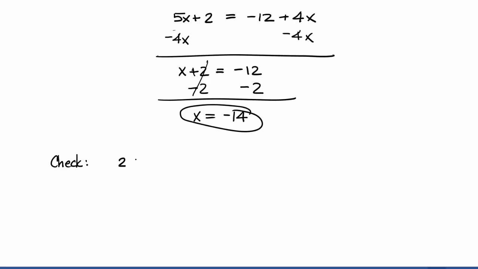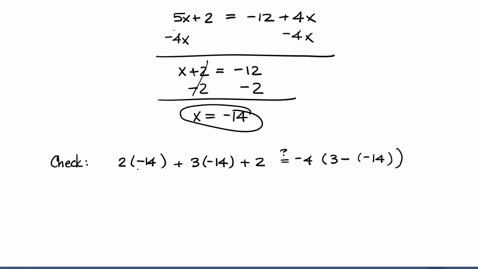Let's check 2 times negative 14 plus 3 times negative 14 plus 2. Does that equal negative 4 times 3 minus negative 14? So here I have negative 28 plus a negative 42 plus 2.